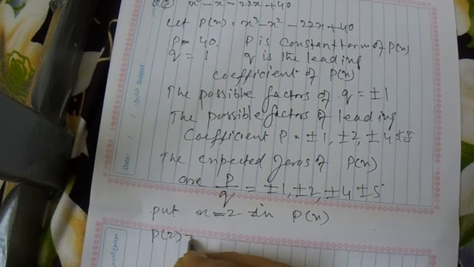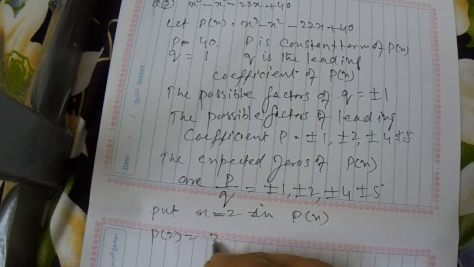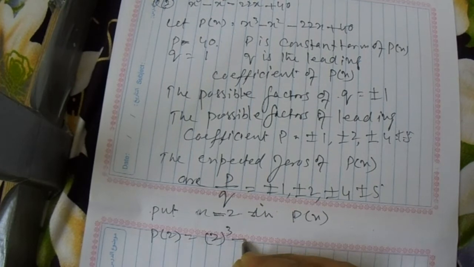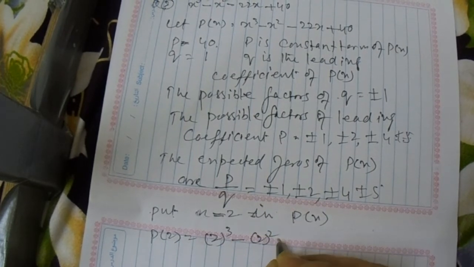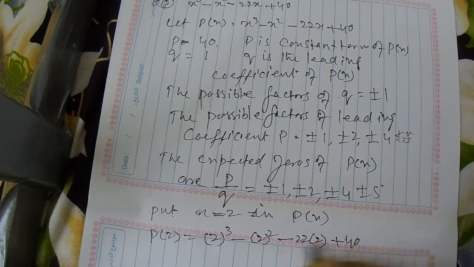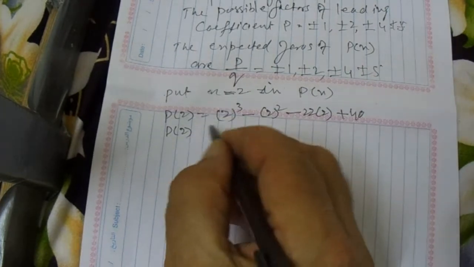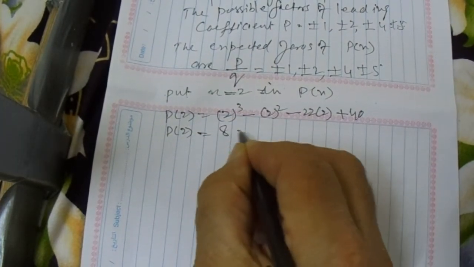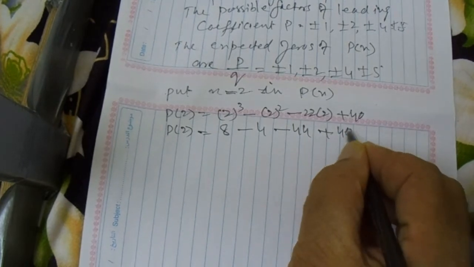P(2) is equal to 2 to the power 3 minus 2 to the power 2 minus 22 into 2 plus 40. Put x is equal to 2. P(2) is equal to 8 minus 4 minus 44 plus 40.